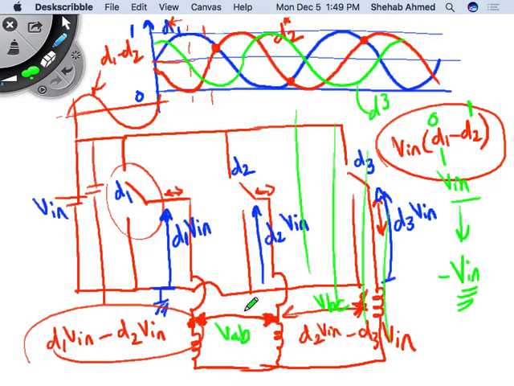So that's the maximum of the line voltage, right? What about the maximum of the phase voltage? It will have to be related to the type of load that you have. This is a star connected load, so the phase voltage here will be square root of 3 less than the line voltage.